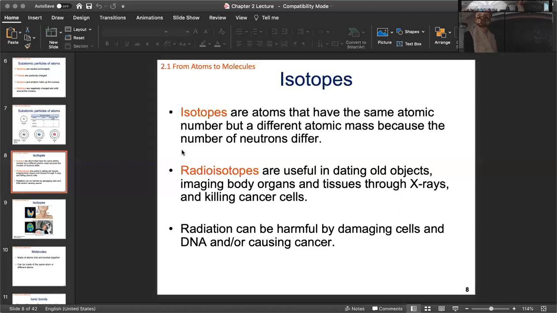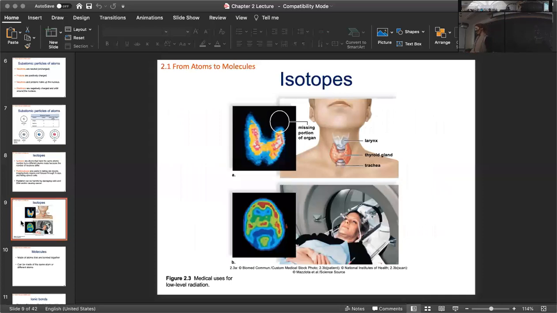Essentially, while it is killing the cancer cells, it has a possibility to kill a couple of the other good cells as well. I'm not a cancer specialist by any means, but what we do know is that these isotopes and radioisotopes are really helpful when it comes to imaging. This is a picture out of your book, 2.3. This is talking about medical uses for low-level radiation.